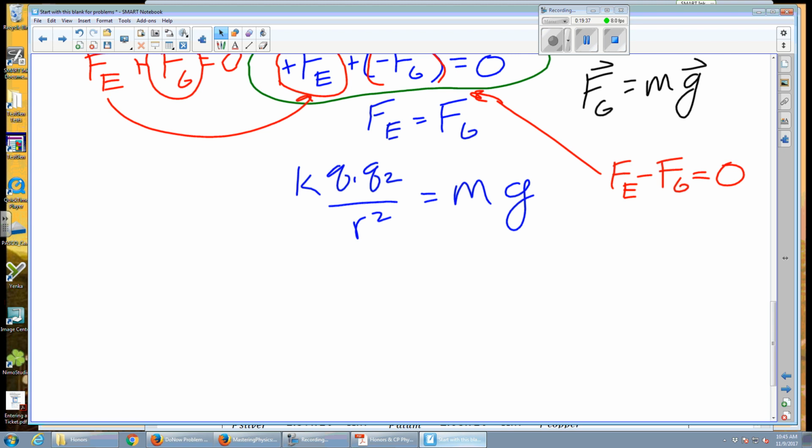What's m and g? Well, what object are we talking about? The electron. So m would be the mass of that object, which in this case is an electron. And g is the gravitational field strength of whatever planet this takes place on, and Hayden said it takes place on Earth.